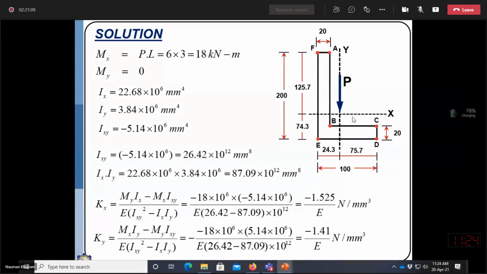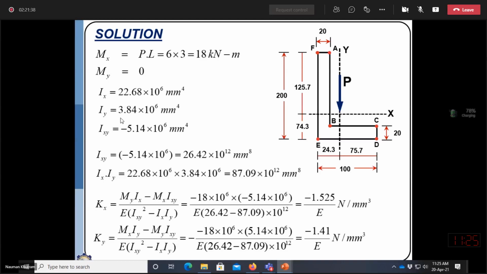But in this case, My will be 0 because we do not have any load component acting along x direction, because the load acting in x direction will produce the moment about the perpendicular axis. Moment of inertia about the centroidal axis we have already determined. Moment of inertia about x-axis is 22.68 into 10 to the power 6.